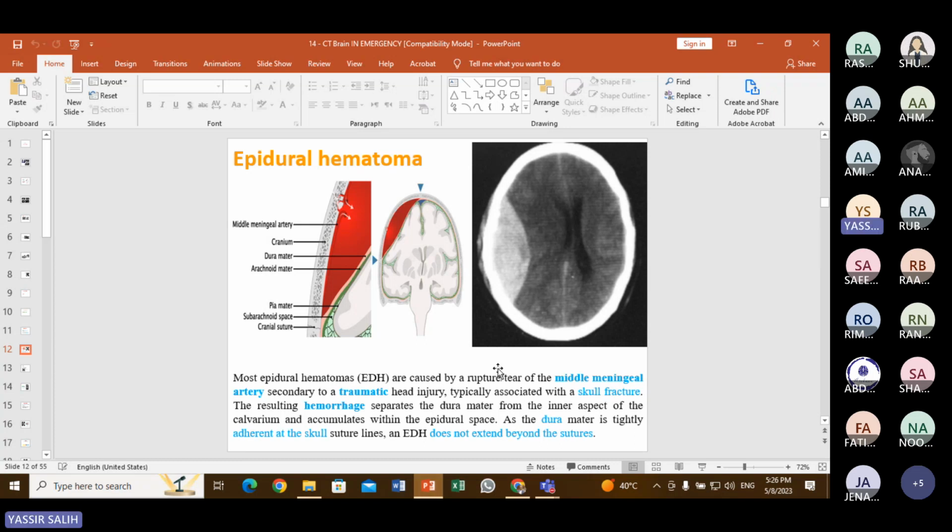What is this image? CT. CT of what? CT of the brain. CT brain, with or without contrast? With contrast, I think.